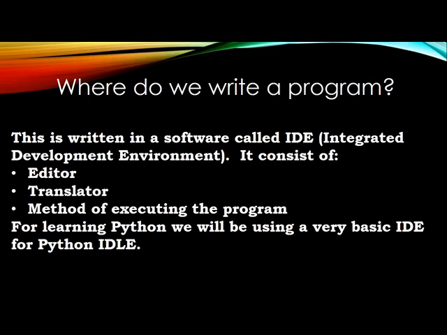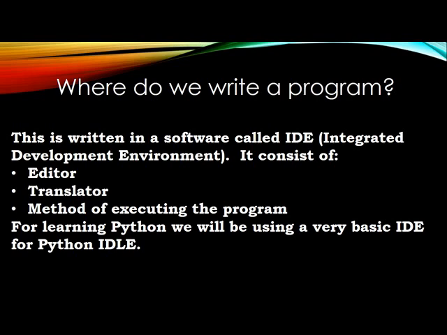It need not be machine language. It needs to be a language which is understood by another type of software. That particular concept we'll cover later on. It's well within our syllabus, but for the time being, you just need to understand that we require a translator that is used to convert the program which we have written to a language which is understood by the machine.